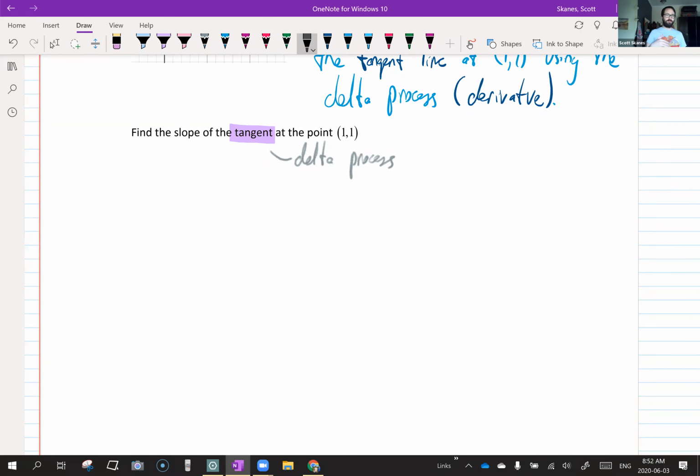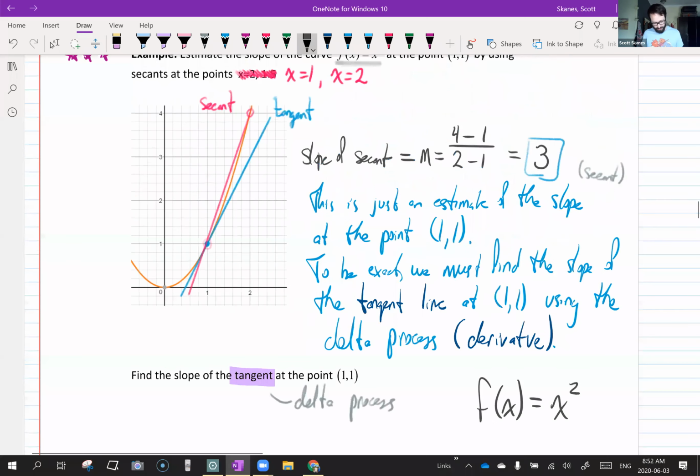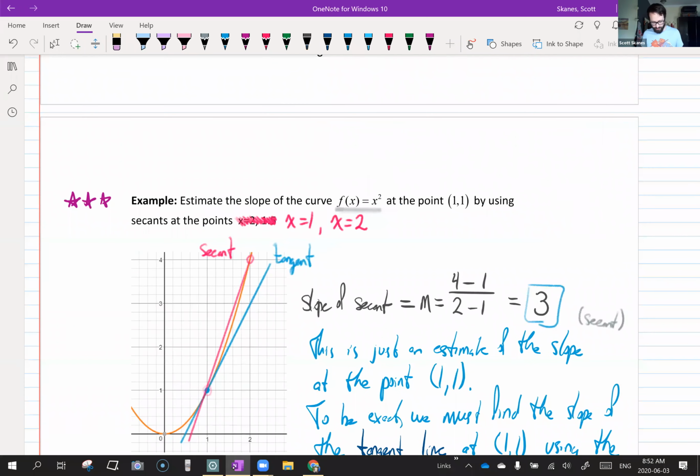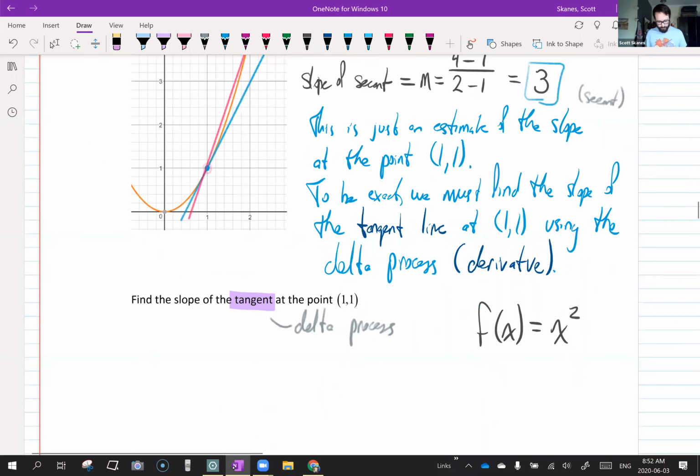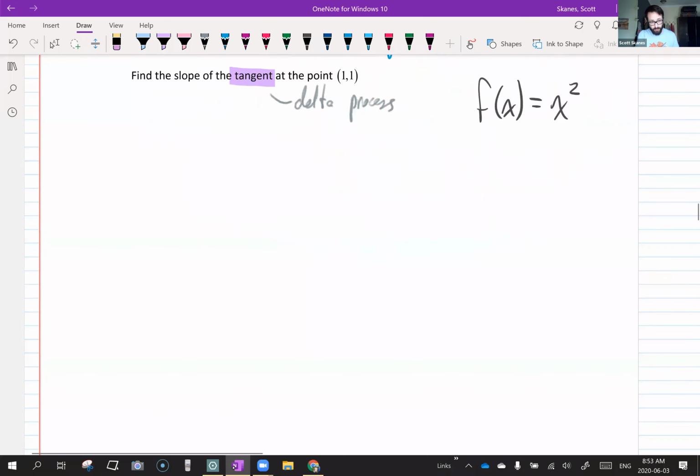Even though the setup looks complicated, you can do this method without even really understanding what you're doing. So the function here was x squared. The slope of the tangent line at that point is the answer of the delta process.